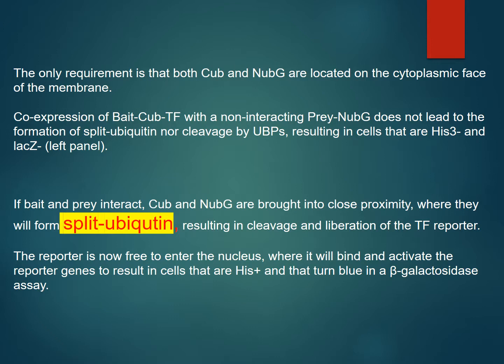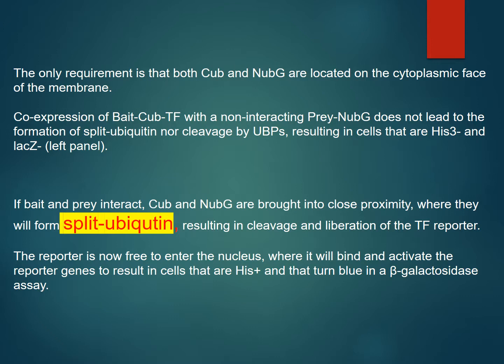An interaction that does not lead to the splitting off of the transcription factor will result in cells that are His minus or lac minus. So if it's His minus, they'll die. If it's lac minus, they won't have a blue color.